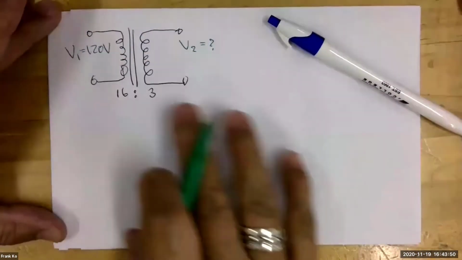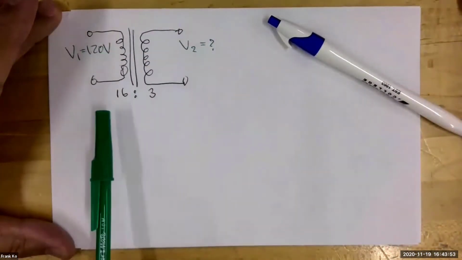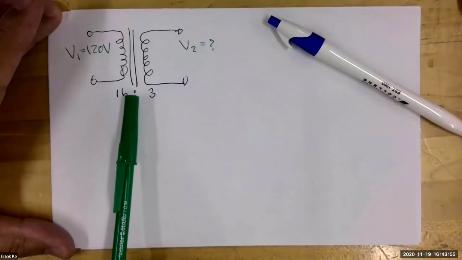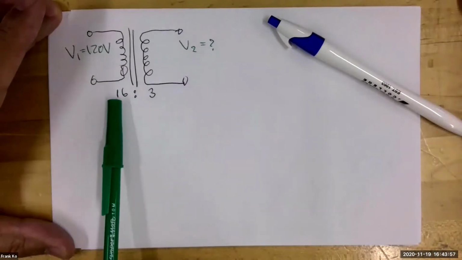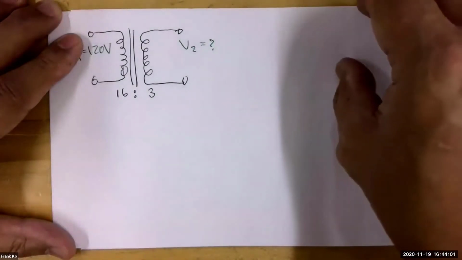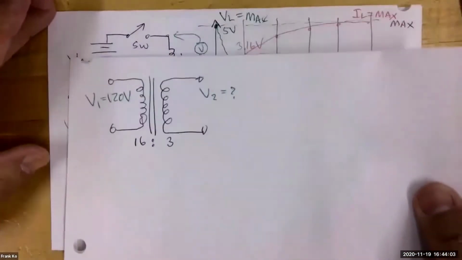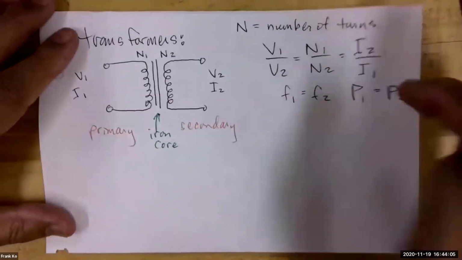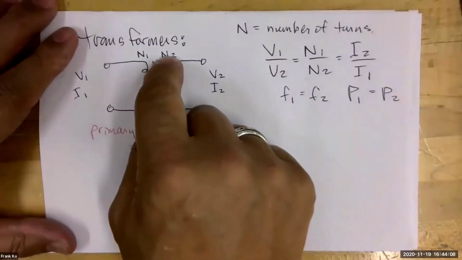So as you go to look at this exercise, notice that I've written a number separated with a colon, 16 on this side, 3 on this side. What do you think the 16 to 3 represents? The 16 to 3 represents my N1 to N2.